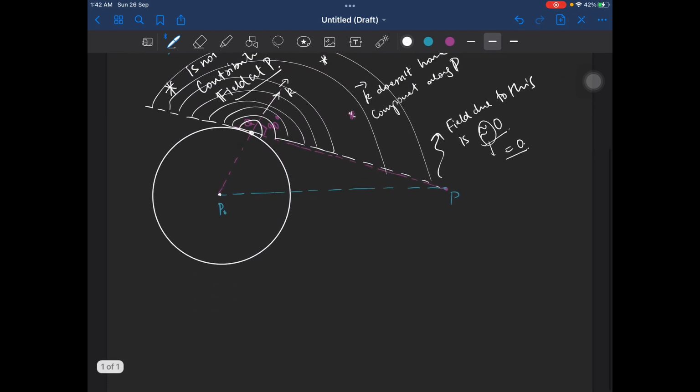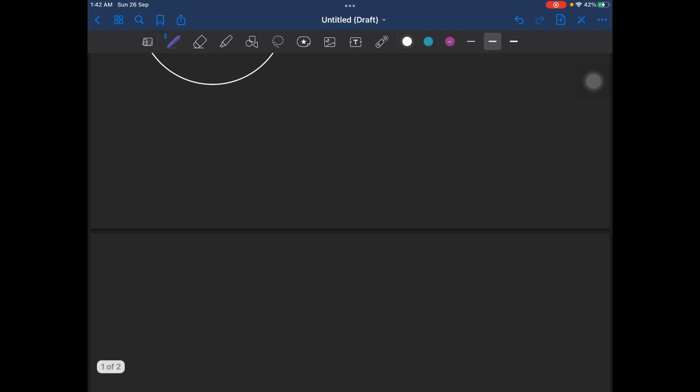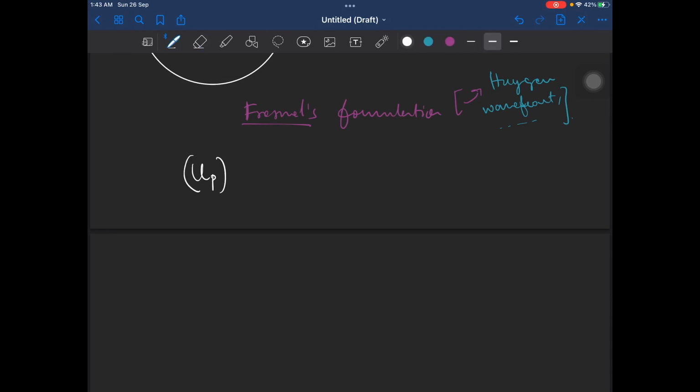So basically, on these lines, what Fresnel's formulation gives us, of course, along with the Huygens wavefront hypothesis, is u at P equals, okay, let's say this, u of P. This is r naught, right?